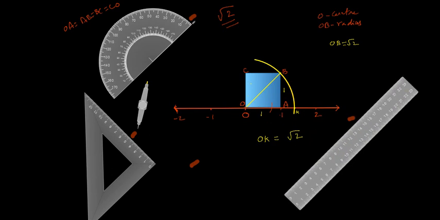Now OB is equal to root 2. That means OB is root 2 and OK is also root 2. This is the way to represent an irrational number on the number line with the help of a scale and compass.